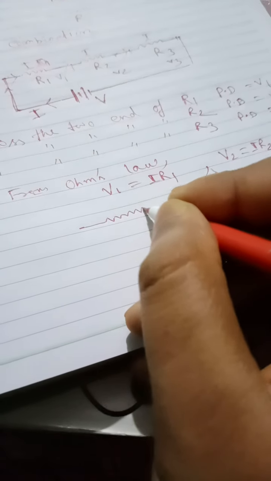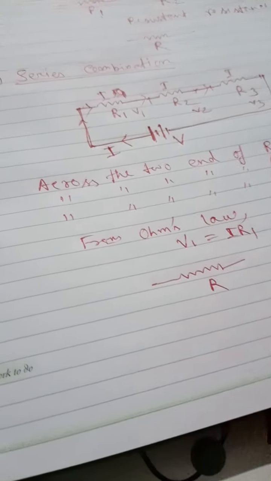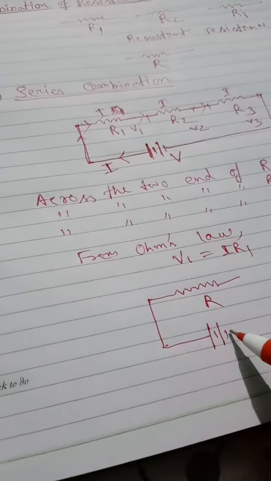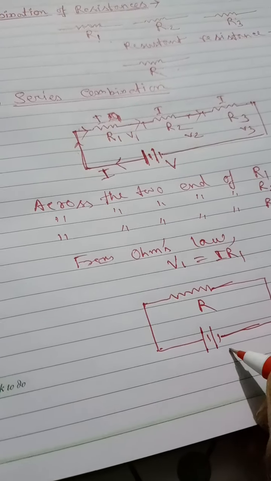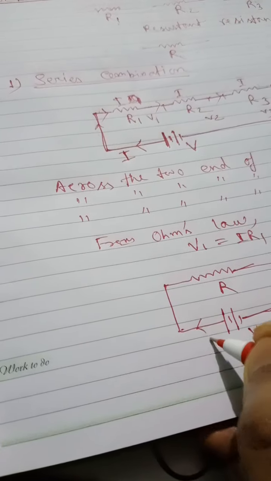Now we replace these three resistors by a single resistance. The resistance is R, and the other things are the same. The same battery source voltage is V and the same current I is flowing.